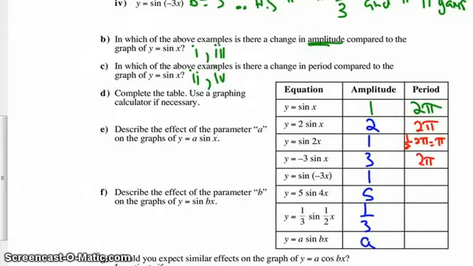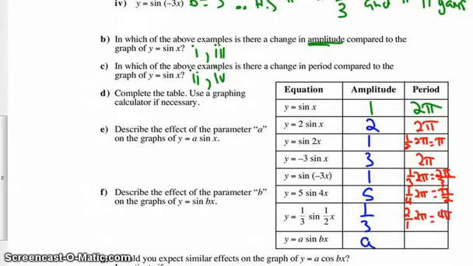This would be 1/3 of 2 pi, so that makes this 2 pi over 3. This is 1/4 of 2 pi, so therefore that is going to be pi over 2. This is 2 over 1 times 2 pi, so that's going to be 4 pi.